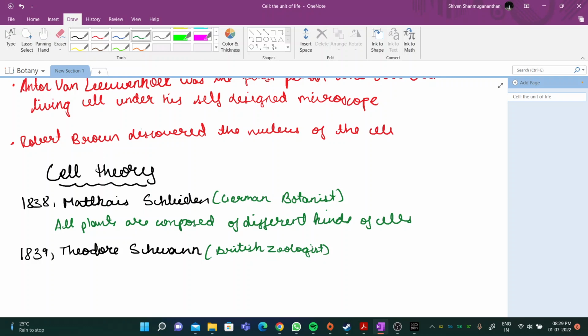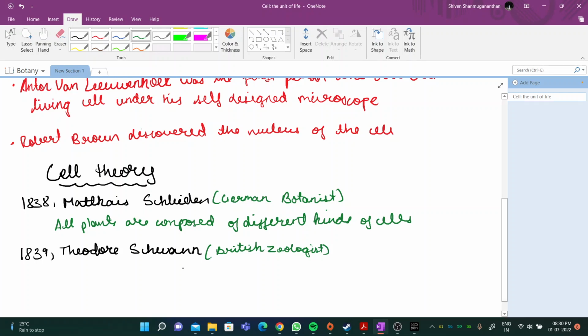He also concluded, based on his studies on plant tissue, that the presence of cell wall was unique to the character of plant cells, which means cell walls are present only in plant cells and not in animal cells. He observed this as well. And based on this, he proposed a hypothesis that the bodies of plants and animals are composed of cells and their products. Now, right now, this is a very general statement. We all know this. But back then, this was a huge revelation, something that he said.